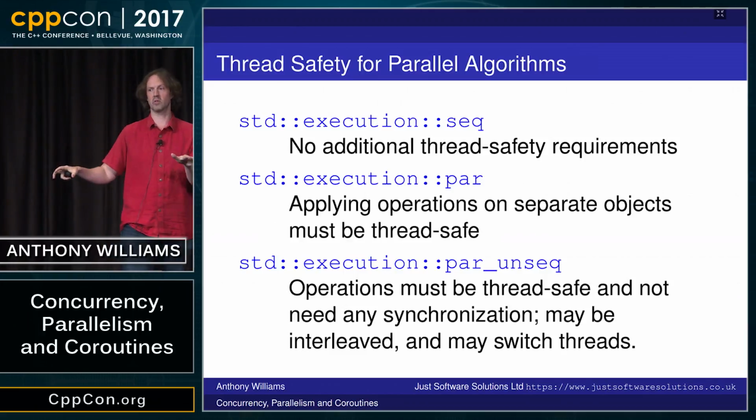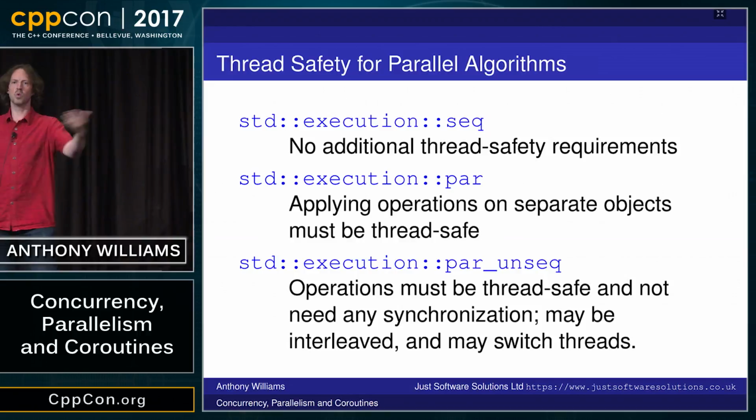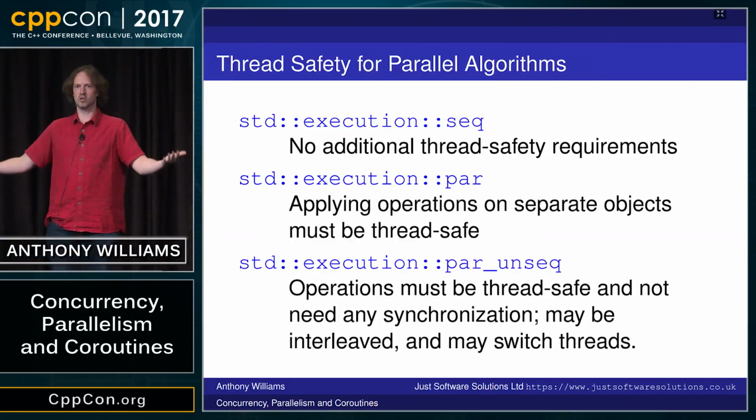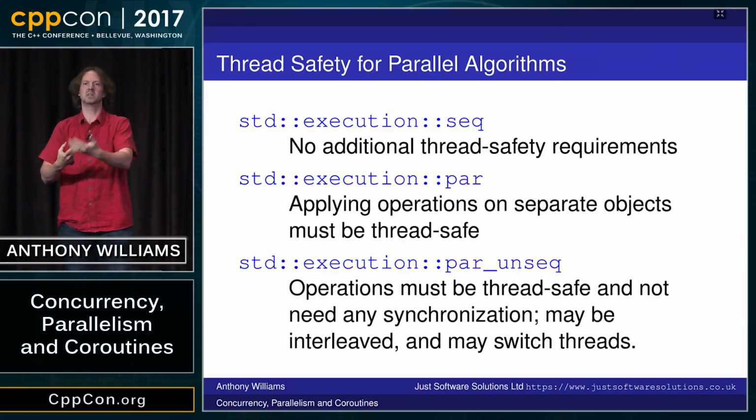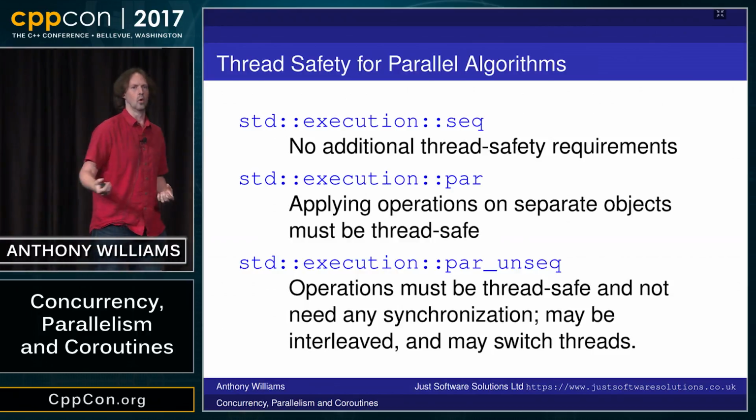It's up to you to ensure they're okay. So this is just like if you've got an integer. Two threads each working on separate integers, fine. Two threads working on the same integer, that's potentially a problem. It can be a data race, an undefined behavior.